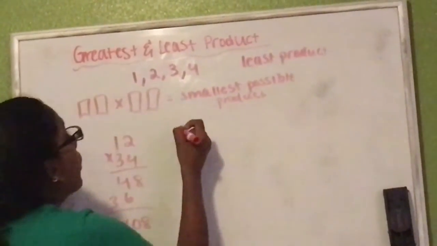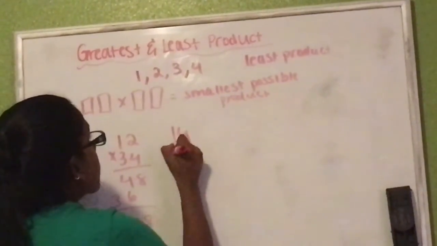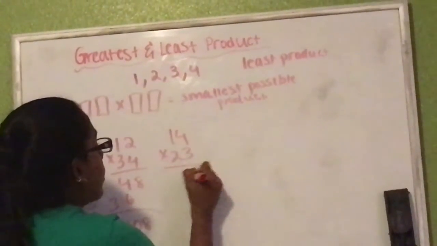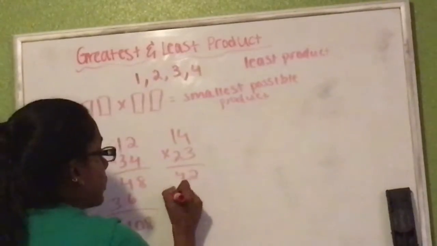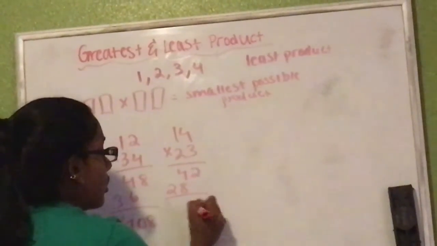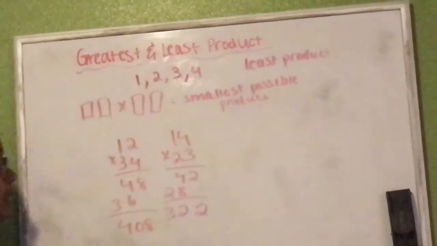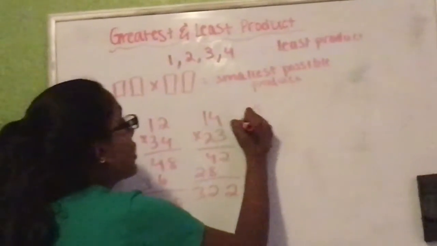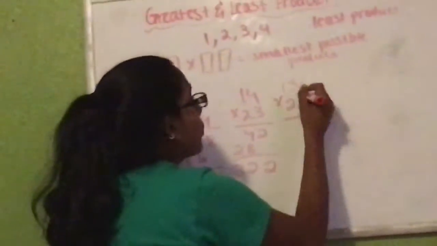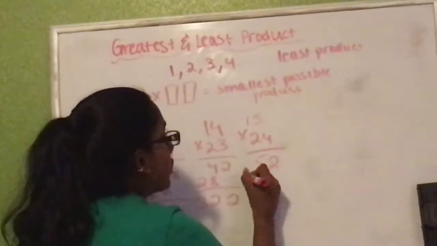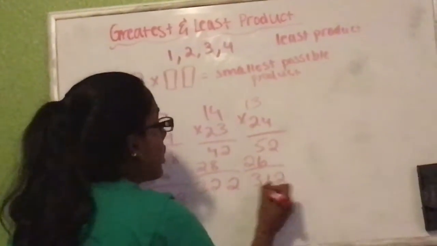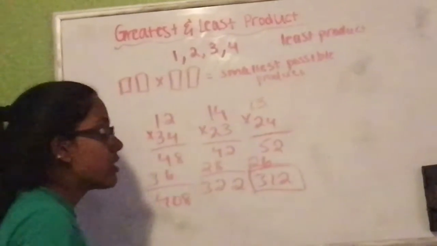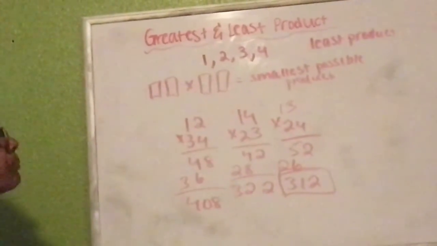We can do 14 times 23, which gives us 322, so we know that it's getting smaller. We could try 13 times 24, which is 312. This seems to be the smallest number yet, so this would be our product.